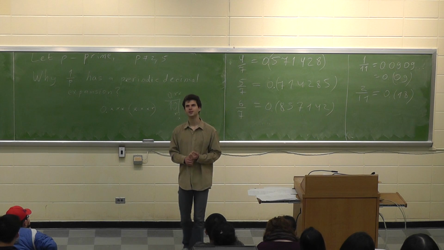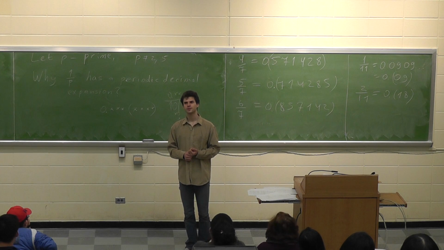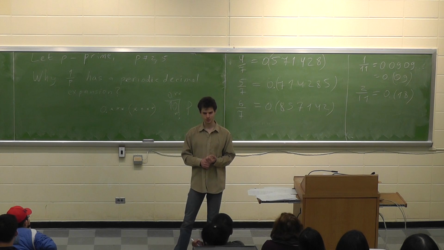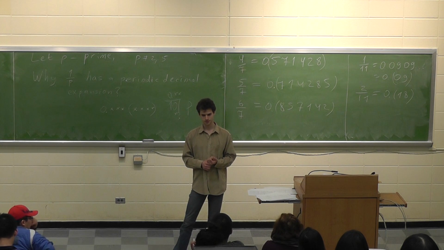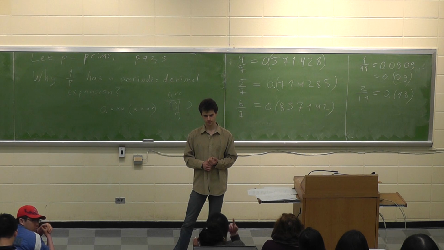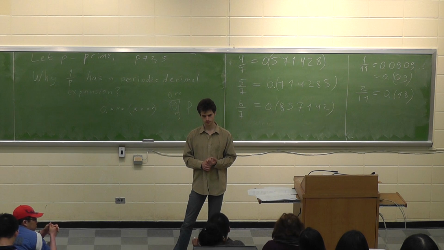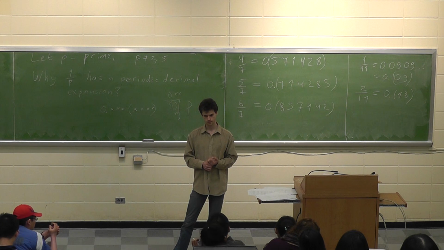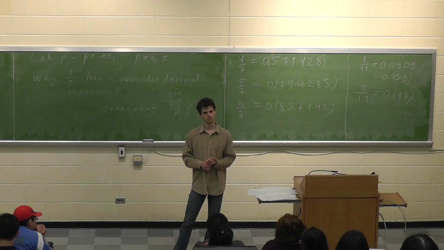Okay, I see. So why is it 10 to the power of p minus 1? Because if you want it to be periodic, like 7 and 17, they have to have 6 numbers. That's true.